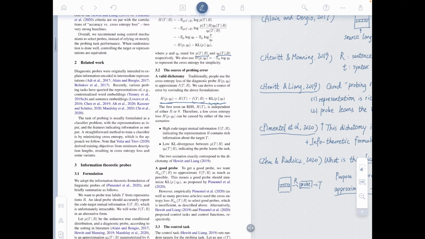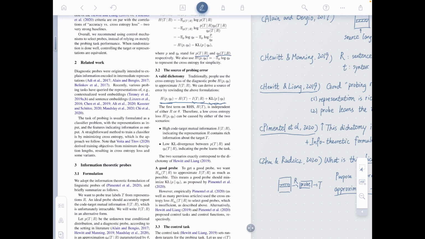This goes along with the intuition because no matter which one of the representation or the target is randomized, you are setting up a control experiment that does not give information. And if you take the difference between the performance of the original probing task and this control task, you get the performance gain from this useful setting.